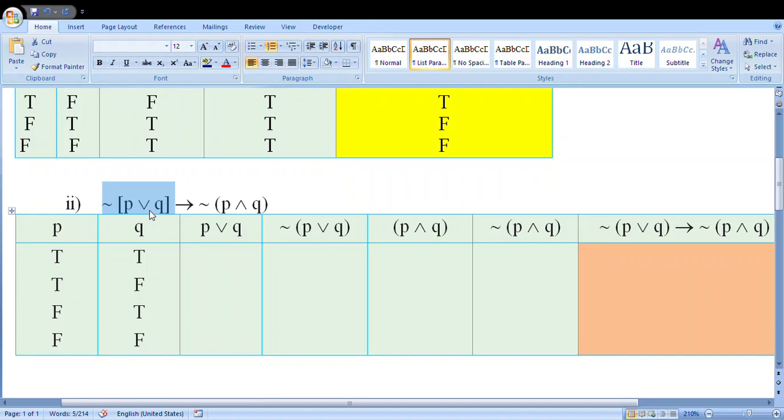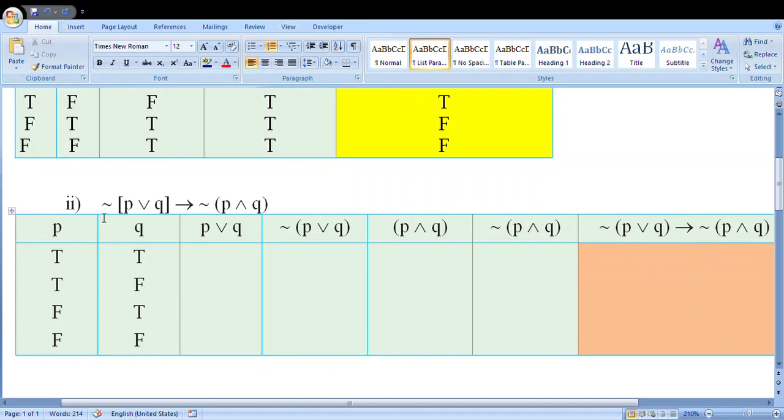So first, let us use our logic. How many columns are there in a table? Let us count: 1, 2, 3, 4, 5. So the number of columns other than P and Q is the total number of symbols used in the question.